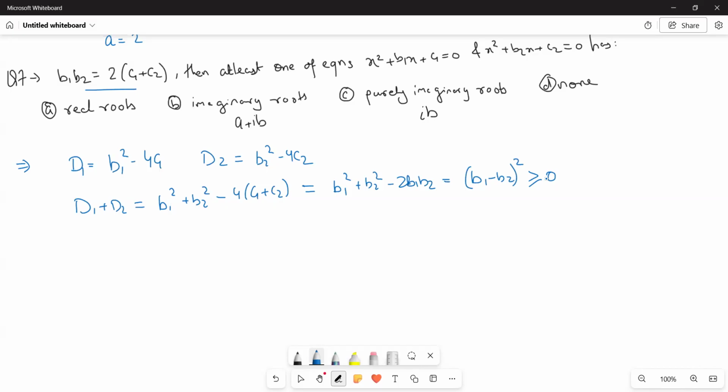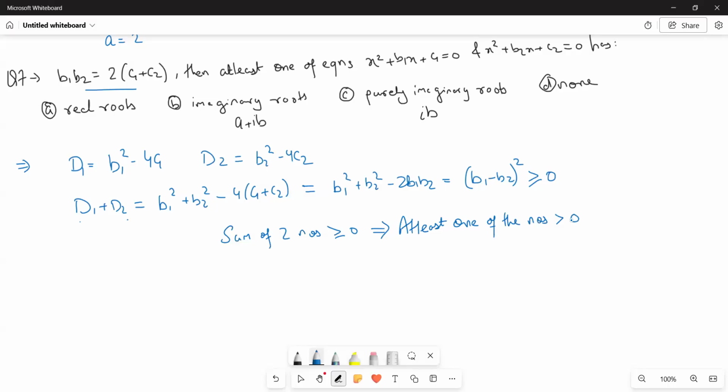Yes, sir. Now, if the sum of two numbers, D1 and D2, is greater than or equal to 0, then what conclusion can we draw from this? Can we say that at least one of the numbers must be greater than 0? One number has to be positive, right?